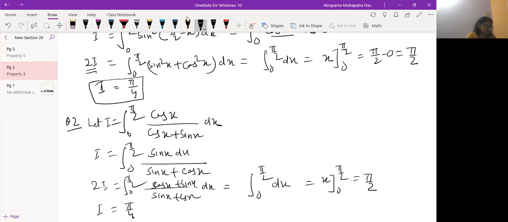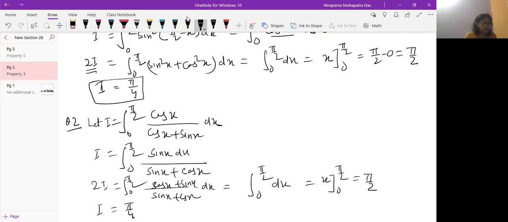As I said earlier, almost 90% of questions we will be using this property. And in your NCERT book specifically, you will see lots of questions using this formula. But here you have to see the lower limit should be 0 and the upper limit should be a.